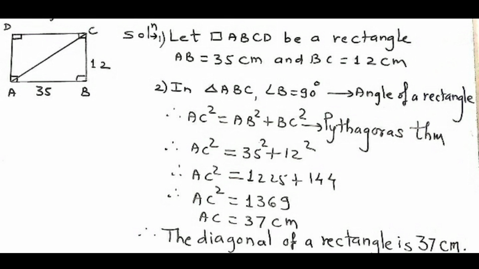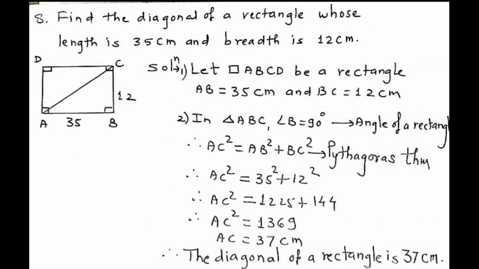So I will use Pythagoras theorem. AC square is equal to AB square plus BC square. Substituting the values, AC square is equal to 35 square plus 12 square. AC square is equal to 1225 plus 144. AC square is equal to 1369. AC is equal to 37 centimeter, and therefore the final answer, the diagonal of the rectangle, is 37 centimeter.